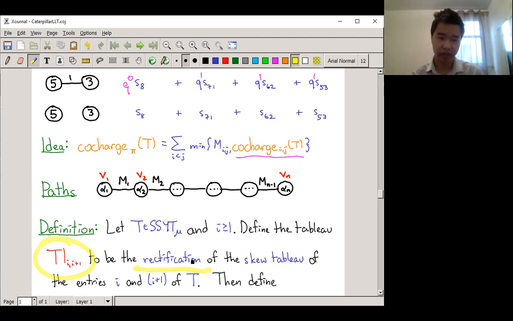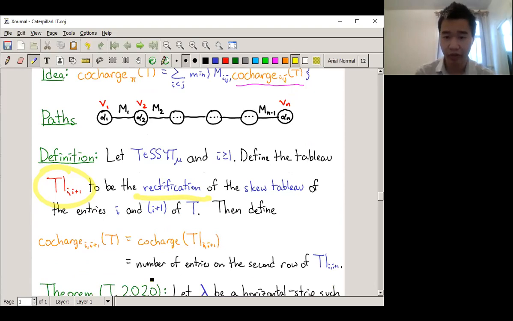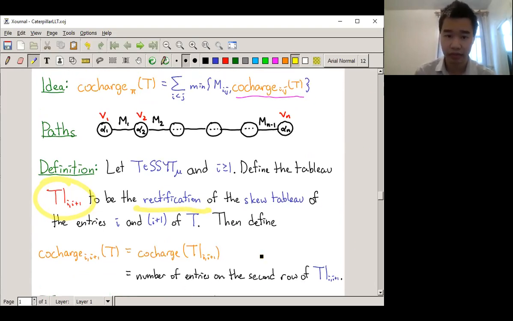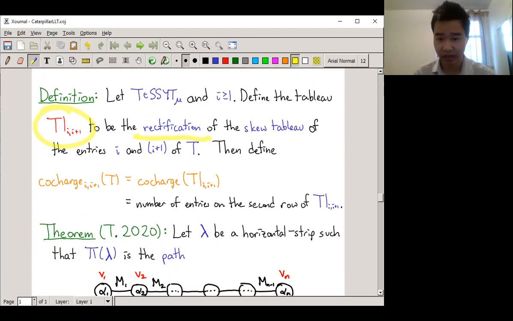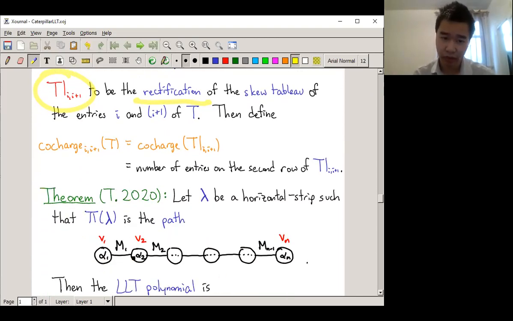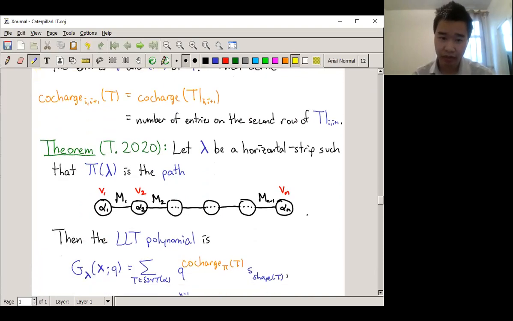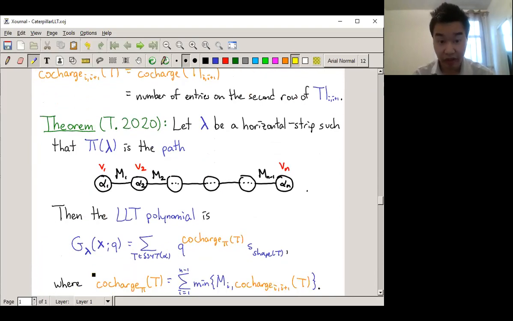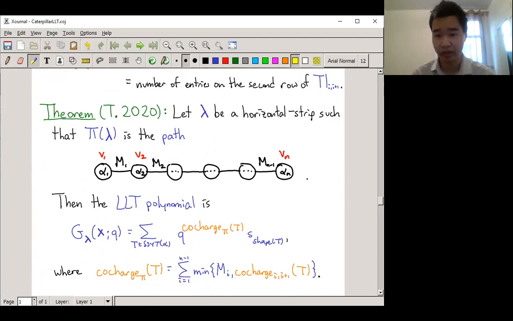And I mentioned that if I have a tableau with only 2 different entries, the normal definition of co-charge is just the number of entries on the second row. And it turned out that this was exactly the right thing to do. So if I have a weighted graph that's a path, then doing this gives me a generalization of co-charge that gives me the right Schur expansion of LLT polynomials.